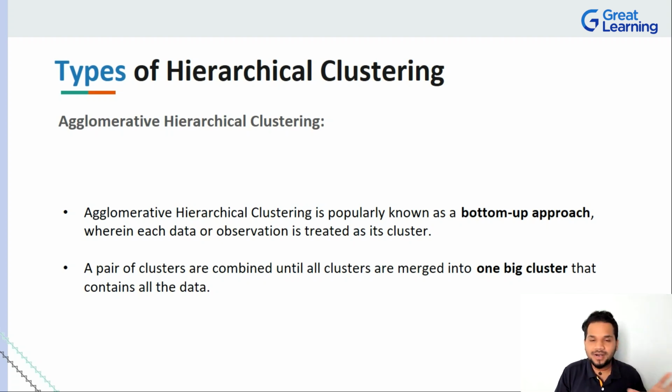And if you're wondering, hey, why do we have to do that? Doesn't divisive just do the job for us? Why do we require agglomerative? Well, there are many cases when you're working with machine learning, with a large amount of data, where practically you will come to a point where you might feel, hey, this type of clustering might not really work, because maybe your machine learning model is underfitting, it doesn't know what's going on. Maybe then you can figure out an approach to say, hey, maybe I can use agglomerative, right?